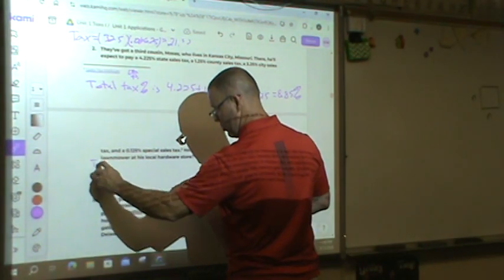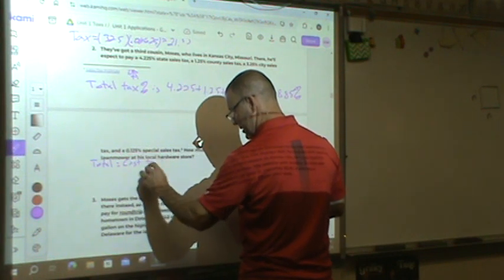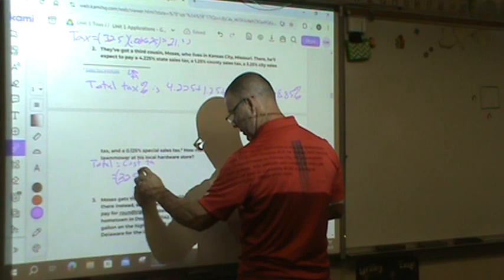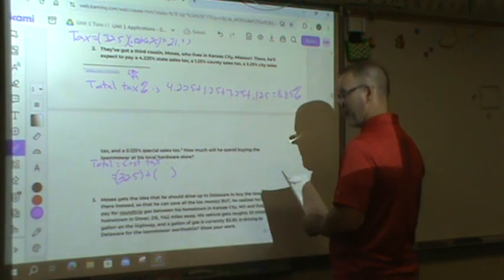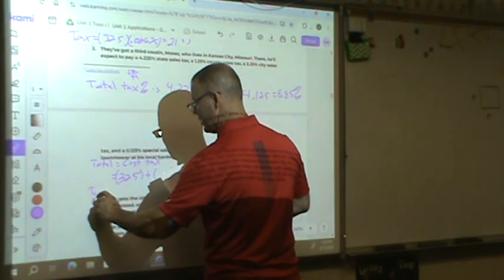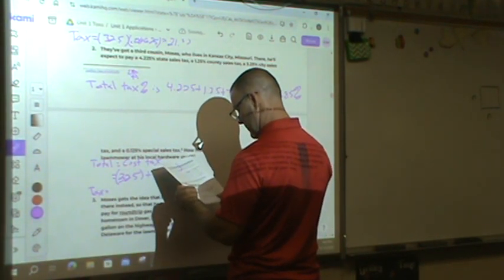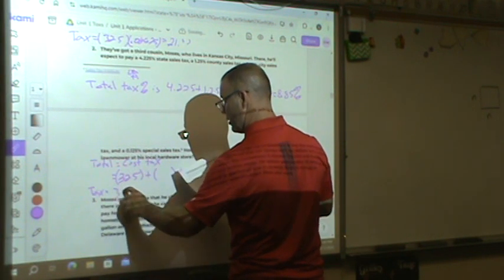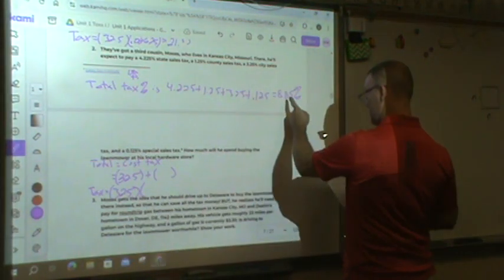So, remember, total is equal to cost plus tax. Well, we know he spent $325 for the mower, but we want to add the tax into that. What is the total for tax? The tax is equivalent to 325 times, what is this as a decimal?